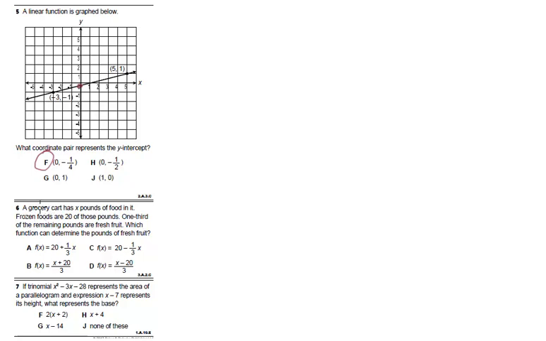Number 6, I drew a picture for number 6. We're told that we bought x pounds of food, and those pounds of food are made up of frozen foods, fresh fruit, and then some remaining other foods like candy.